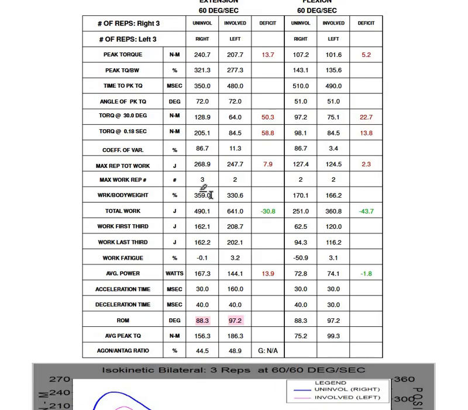Doesn't make the work reading any less or more valid, because at the end of the day you're still calculating work for that given range of motion, but it does mean that they haven't moved through the full range of motion that you originally set up when you first were setting up the test. So you haven't got a full measurement of the limb performance throughout their possible range of motion, because they themselves have cut it short.